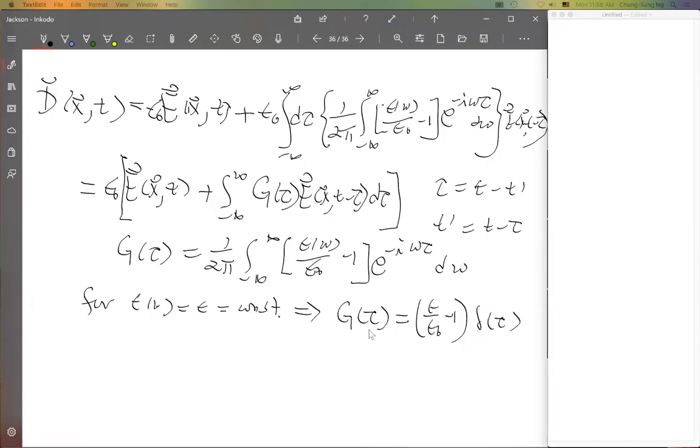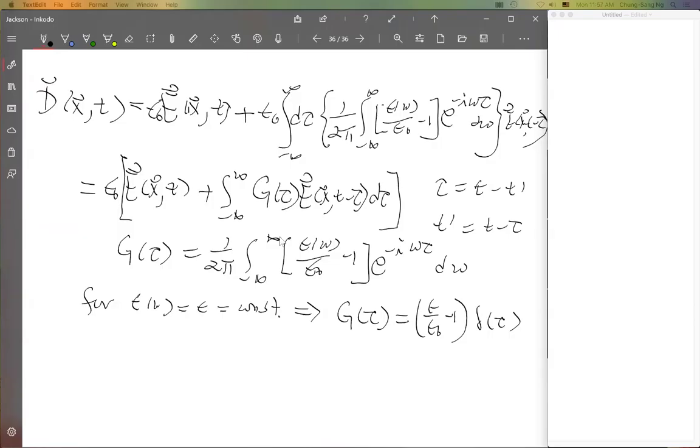If you substitute this delta function in here and do the tau integration, all you get is the factor epsilon over epsilon 0 minus 1 times e evaluated exactly at x and t. So that becomes local again. Combined with this, you just get the usual relation d equals epsilon times e, so you recover the electrostatic situation.